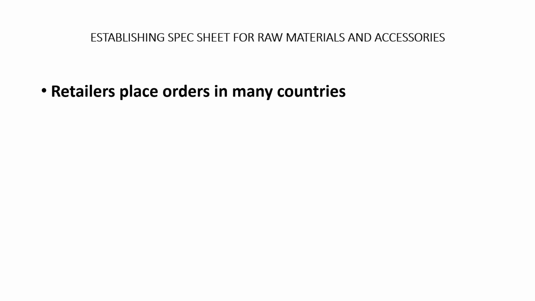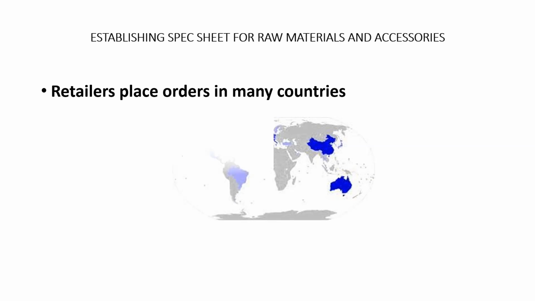As I already told you, suppose a retailer like Tommy Hilfiger is placing orders in many countries, different parts of the world, and the main objective of placing orders this way is to get that particular apparel at the right time.